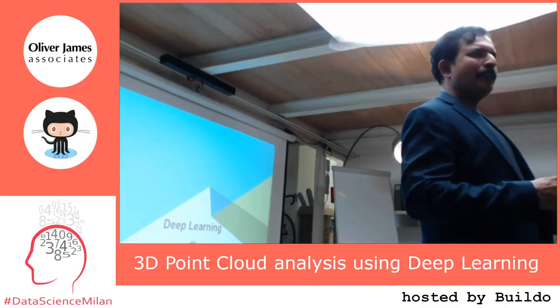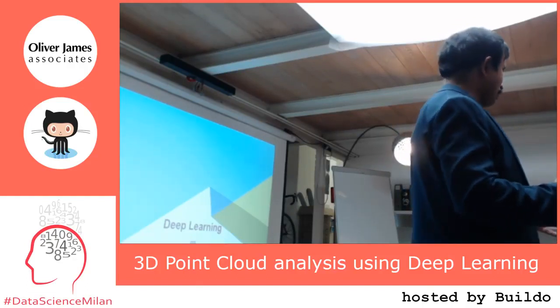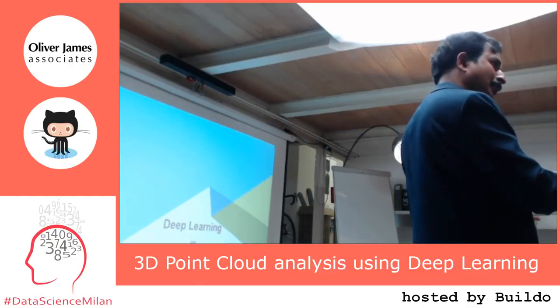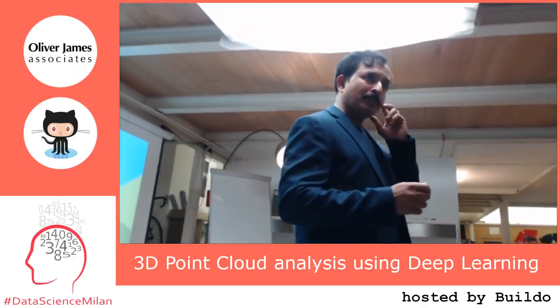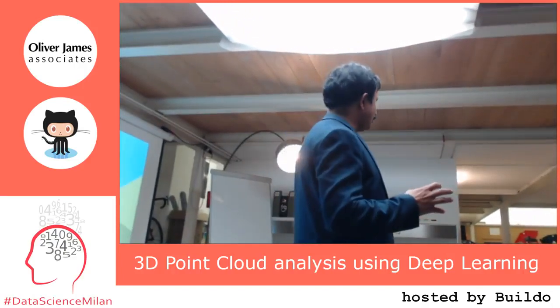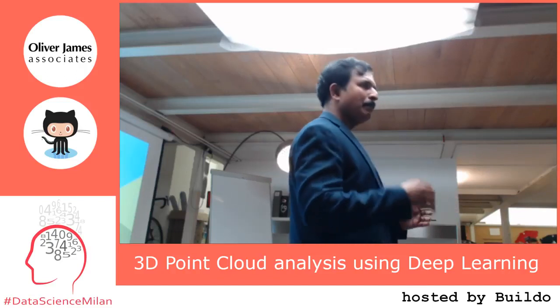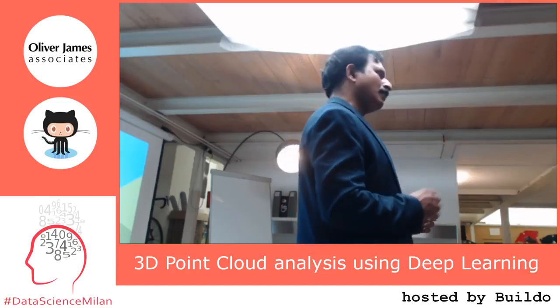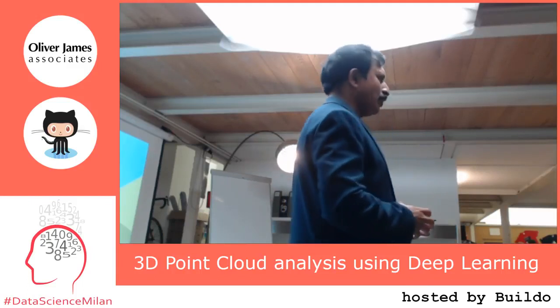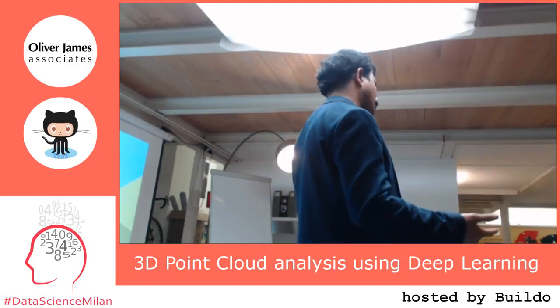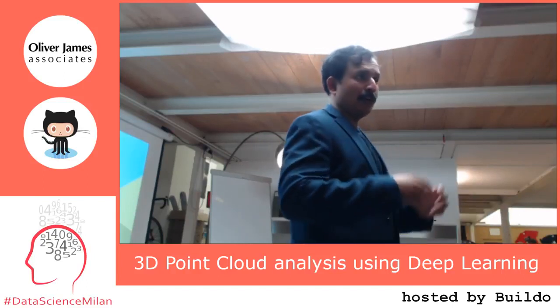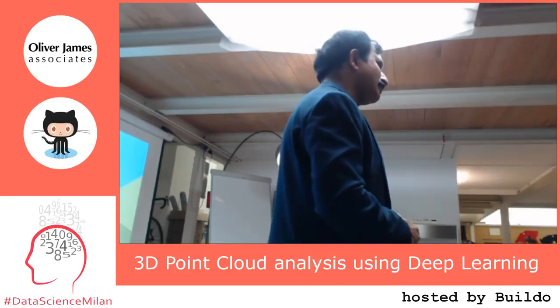Similar to 2D image classification, where the initial models focused on classification examples, 3D image processing models, especially for point clouds, focus on classification. But of late, in the last 6 to 12 months, more papers have been published on scene understanding, semantic segmentation, instance segmentation, and localization and detection.